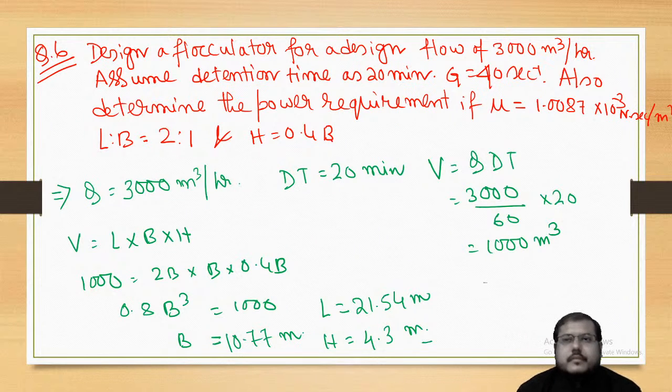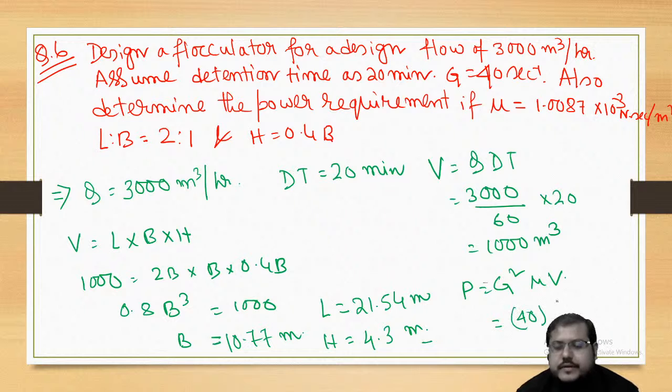Now, also asking the power input. So power is actually G square into mu V. G square value 40 given. Mu value is also given.